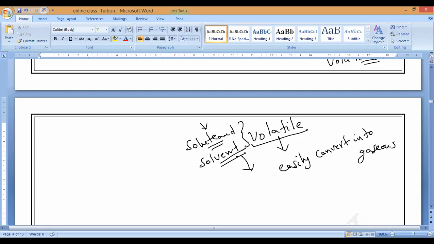So that is why we cannot use the distillation technique if both are volatile substances. One must be volatile, another one must be non-volatile.